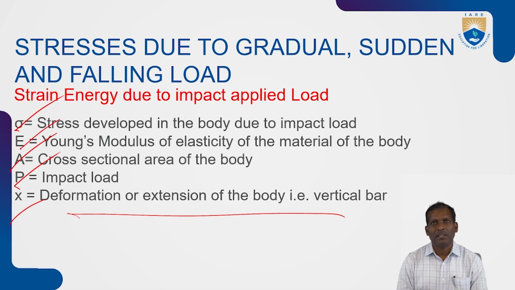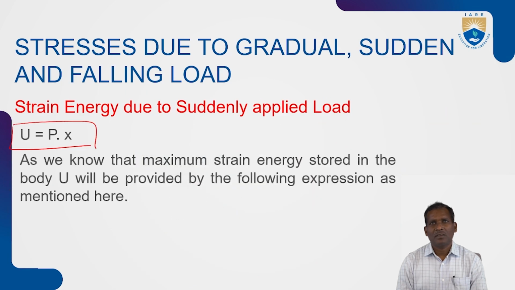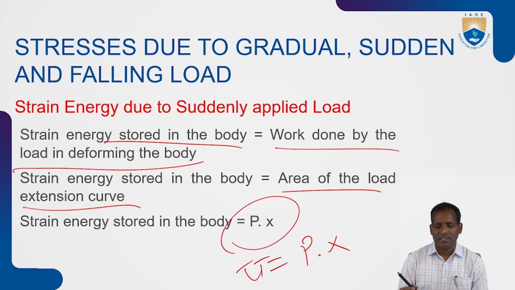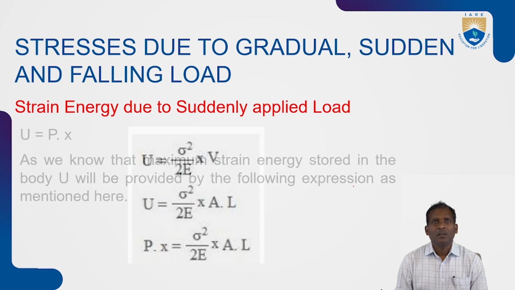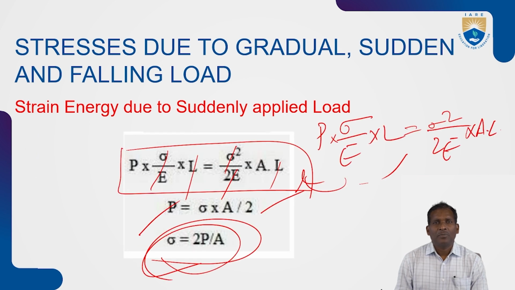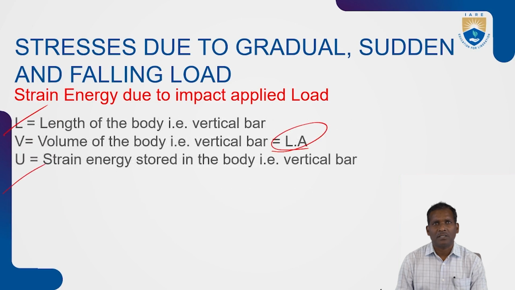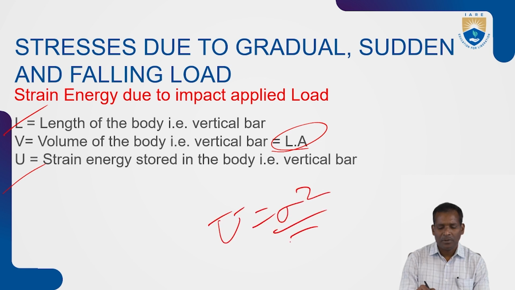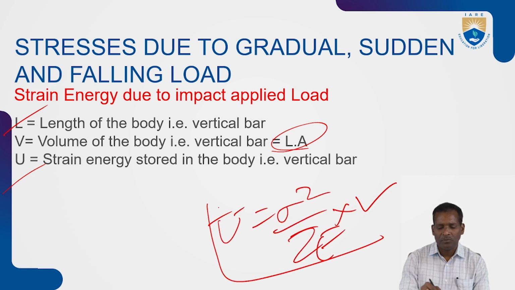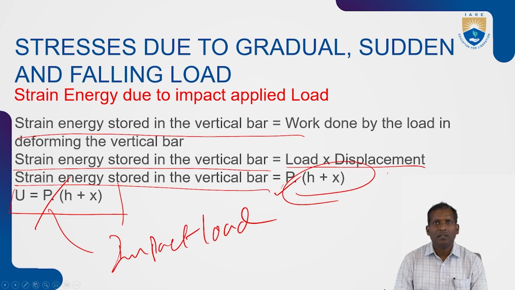Area of the load extension curve, already you have seen this. So finally the fundamental final equation is the strain energy equation, say U is equal to sigma square by 2E multiplied with volume V. Clear?